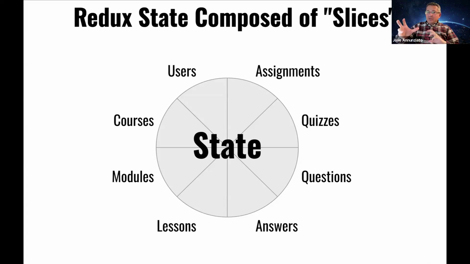That allows you to have different compartments that deal with different CRUD operations: create, read, update, delete courses, or create, read, update, delete users, assignments, quizzes, lessons, modules. Make sense? So we deal with different slices.